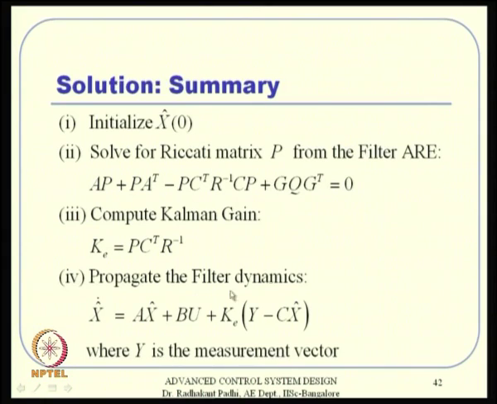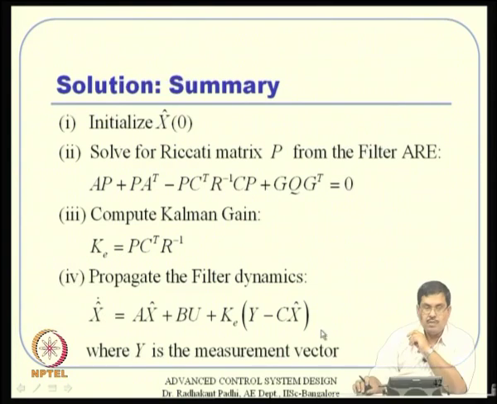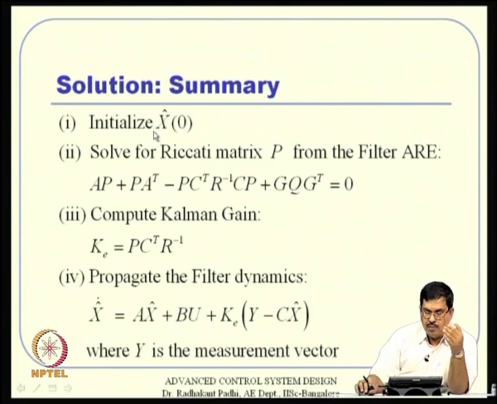So, what is the thing here? We have a filter dynamics like this which we need to propagate. We initialize something and start propagating, but we need a gain value Ke. Ke can be computed that way, but in this expression we need a P, and P can be computed from this equation. So, implementation has to be something like this: you first initialize x at 0, then solve for this P matrix from the Riccati equation.